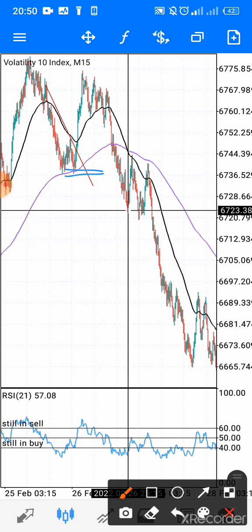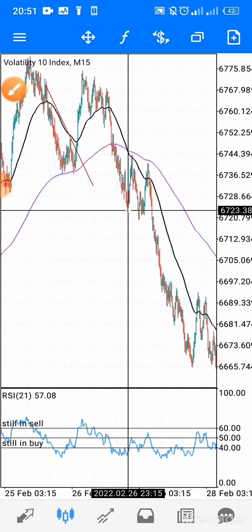If you are using your indicators, it's the same point, because our indicators crossed here. At the same time the market breaks the structure, your moving averages are going to be crossing. But it's not always going to be like that.